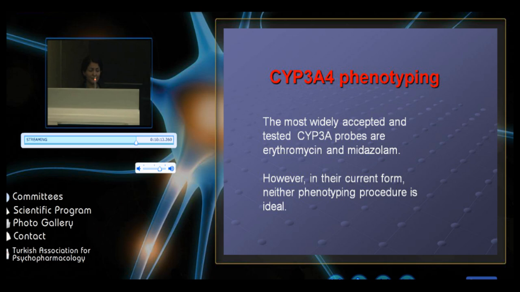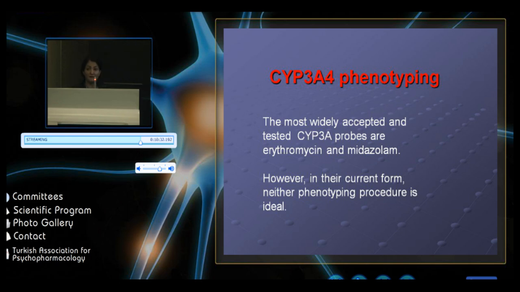And also we have another enzyme system which is 3A4 phenotyping. 3A4 phenotyping is mostly used in the erythromycin inhalation test, where the carbon dioxide is checked in inhalation, and midazolam.